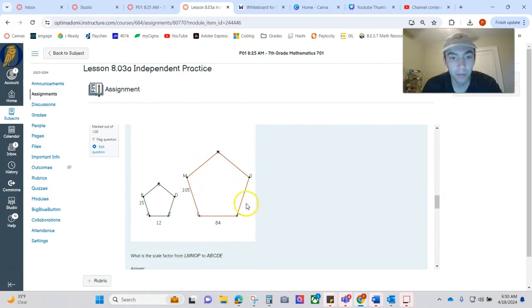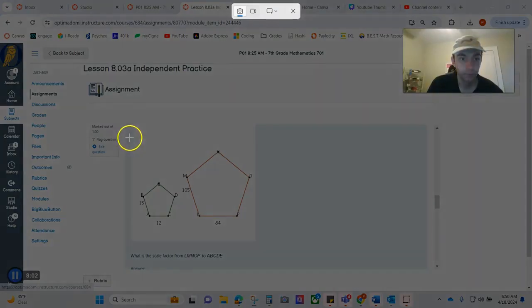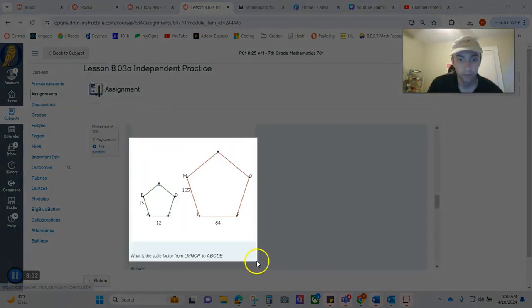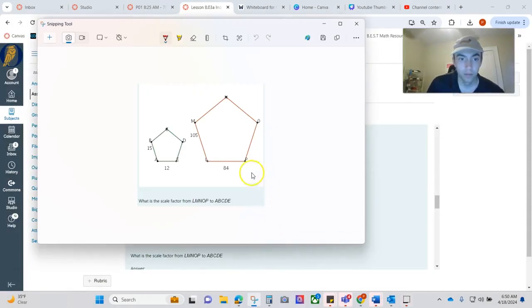So the big pentagon to the small pentagon. So we have to find, what do I multiply the big pentagon by? Times what equals the little pentagon?